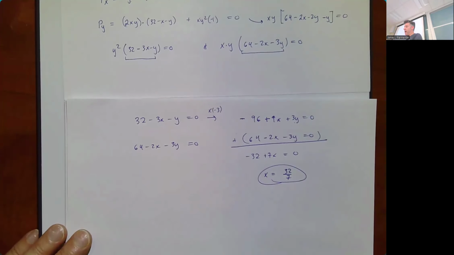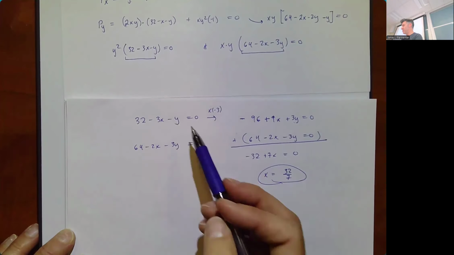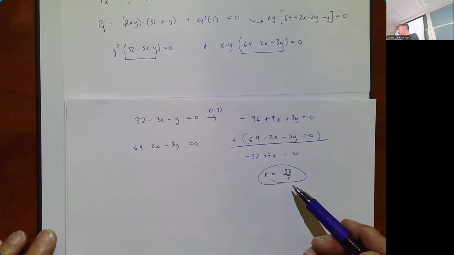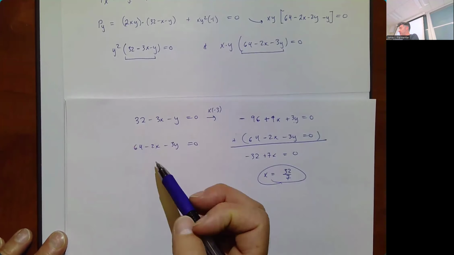And then we go back. Actually, you know what? Instead of going back and plugging this in to find what y is, you still have to multiply fractions. The actual easier way to go is to do the same kind of thing and eliminate the x instead of eliminate the y.